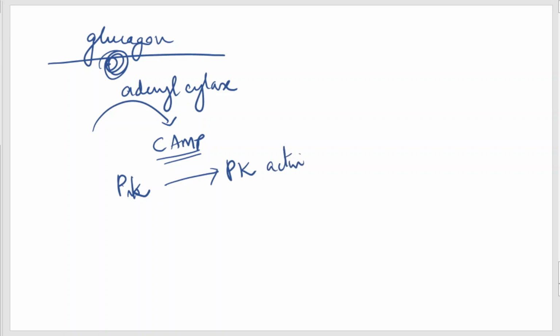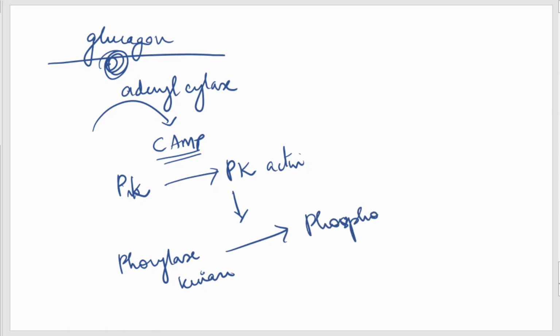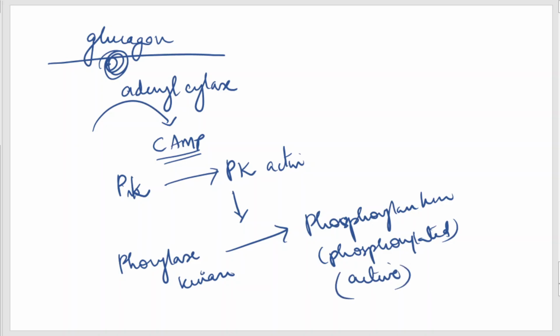Now the action of this protein kinase is to phosphorylate. So what does it phosphorylate? It phosphorylates an enzyme called phosphorylase kinase, so phosphorylase kinase is phosphorylated to its active form. Understood?